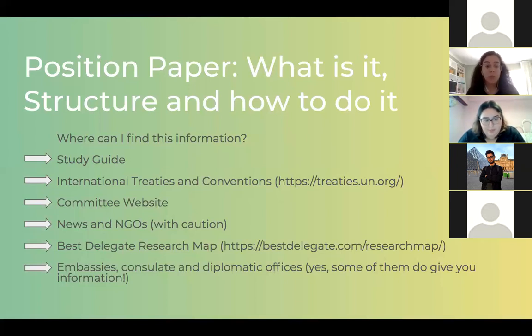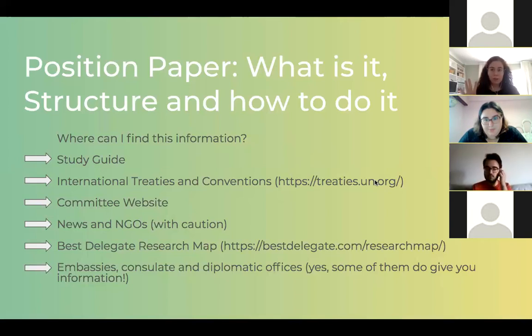And I promise you can find lots and lots of information in the UN website, in the treaties website, in the committee website, in the whole UN website, in English, in Portuguese, in Spanish, in French, in Arabic. I don't know what language you speak, but the more you speak, the better. I think everyone present speaks at least 2 languages, so just Portuguese and English. So great.